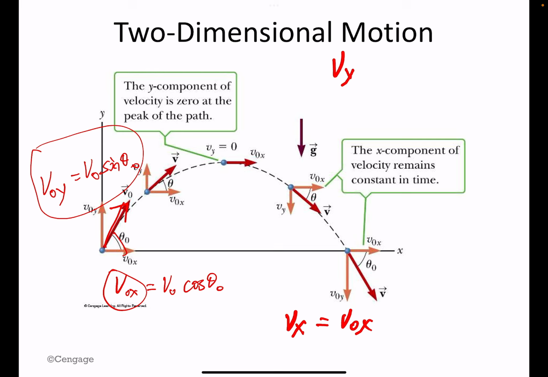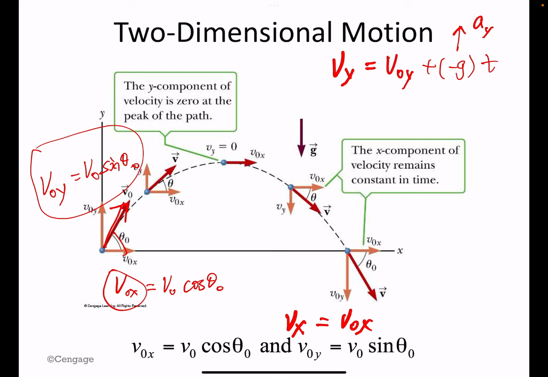However, vy should follow constant acceleration motion, and our acceleration is negative g. This is our acceleration in the y direction.